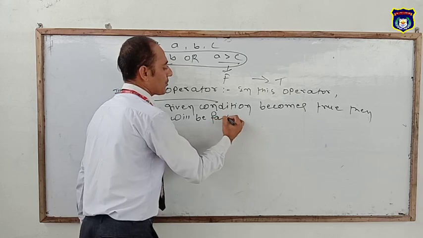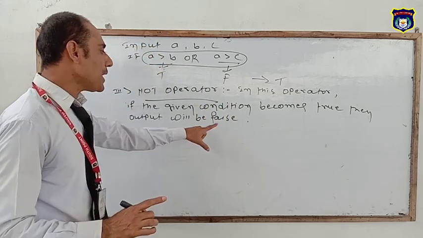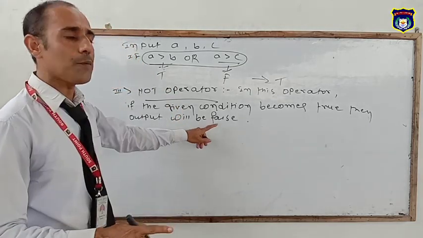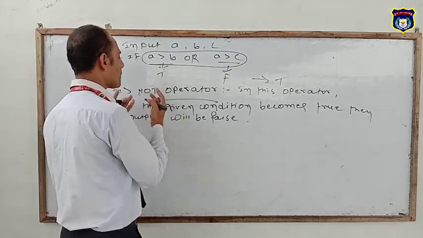Okay. If the condition is true, then the output will be false. That means if the condition is false, then the output will be true. It just reverses the condition.